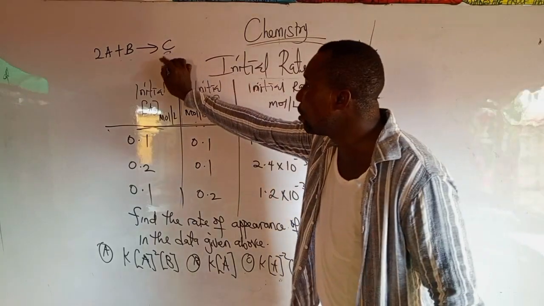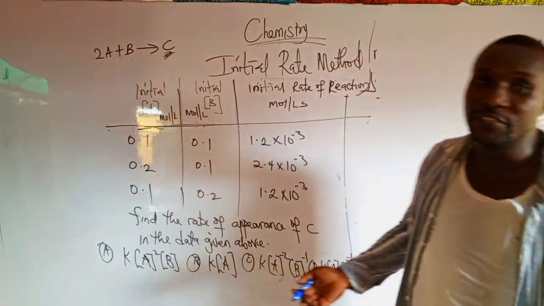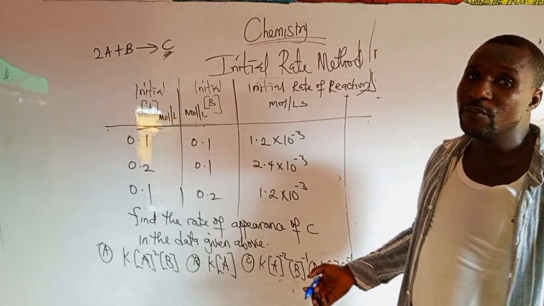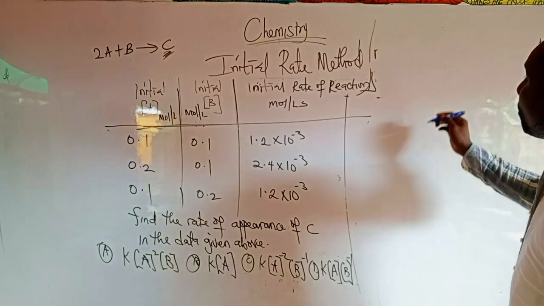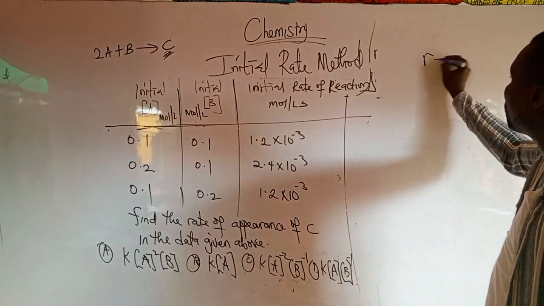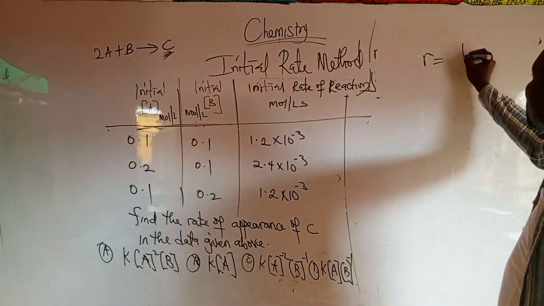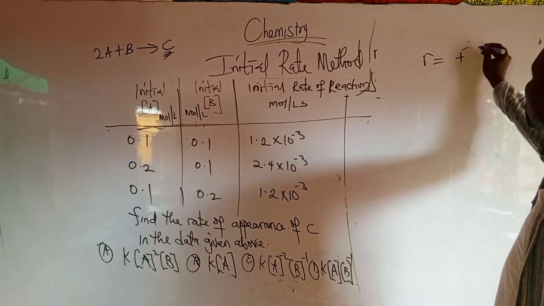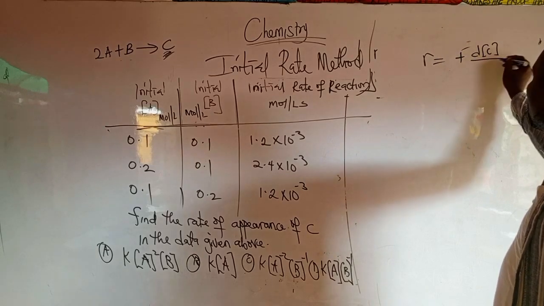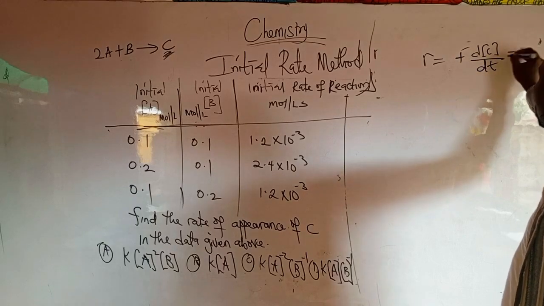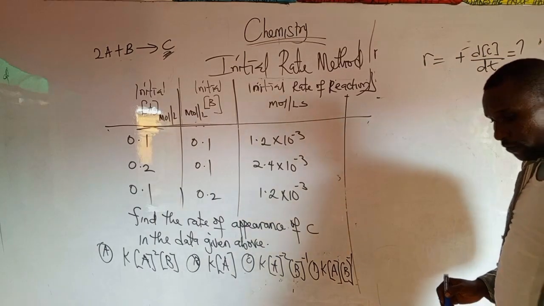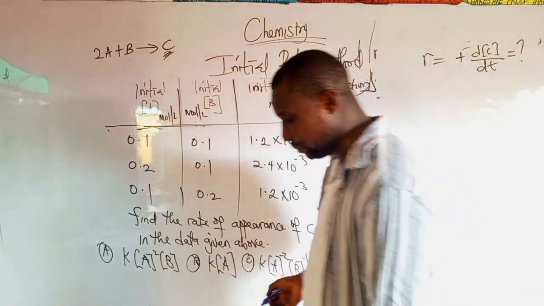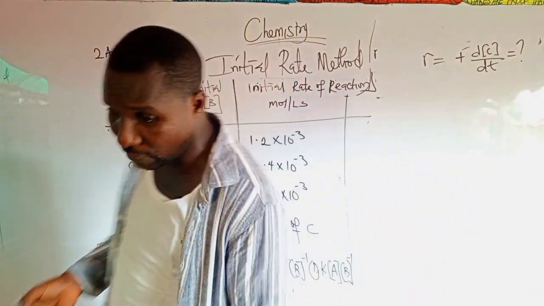That is the rate of formation of C. And don't forget from the first video, rate of formation of C is plus dC over dt. That's what they wanted to find. Very simple from this data.